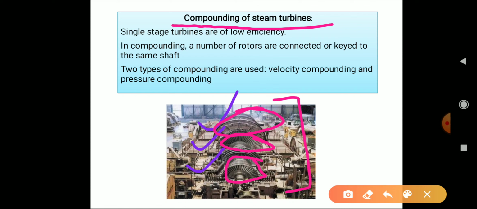Wherever there is scope for improving efficiency, we should increase it. For the prime mover, when used single stage, it gives low efficiency. So compounding is the solution. In compounding, different types of rotors are connected to the same shaft as shown in this diagram.